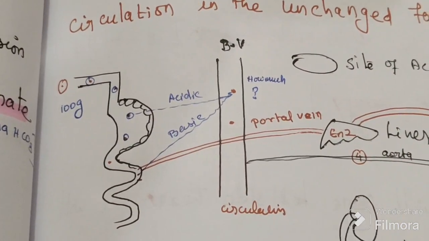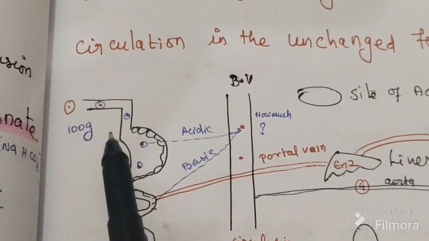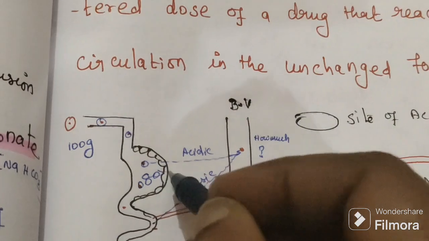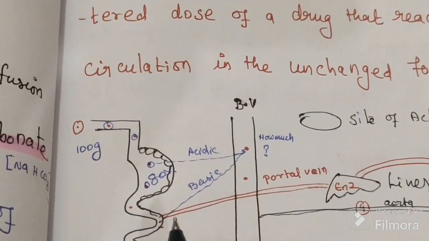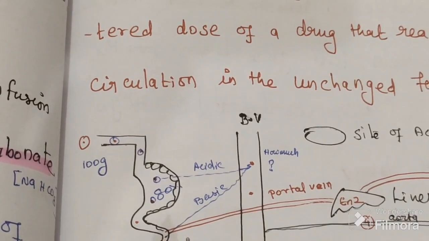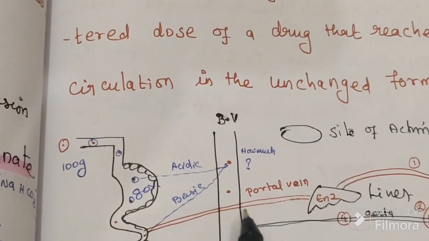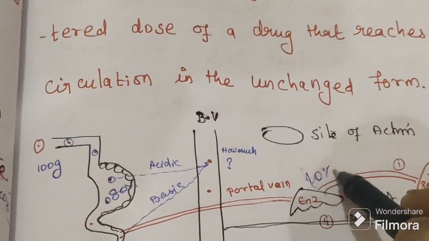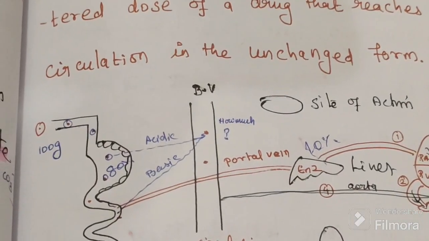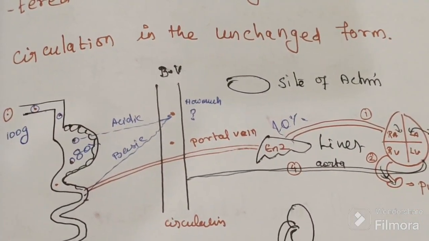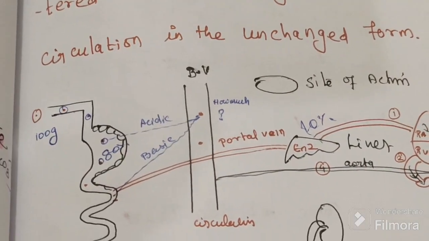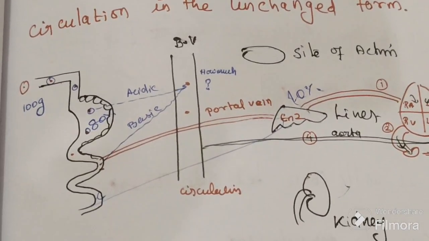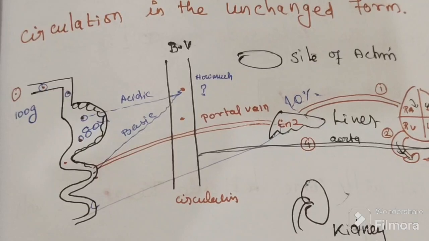So I am giving 100 grams of the drug. Out of 100, only 80 percent is absorbed here. Now this 80 percent goes to the liver, where a further 10 percent is degraded by the enzymes. So only 70 percent comes to the circulation.